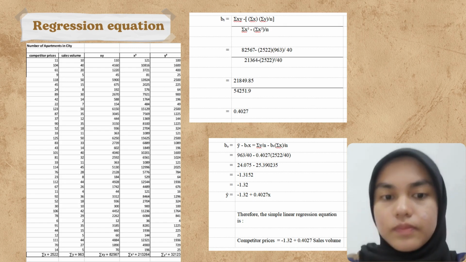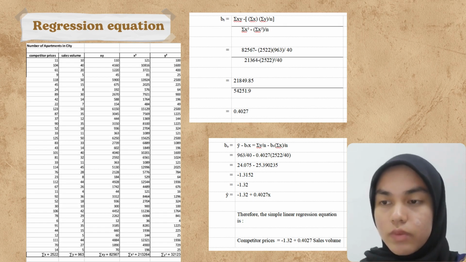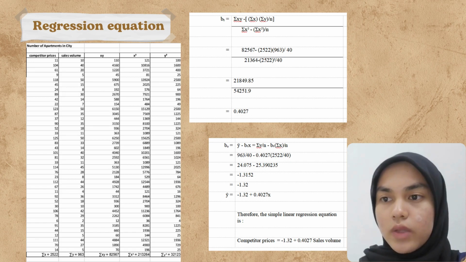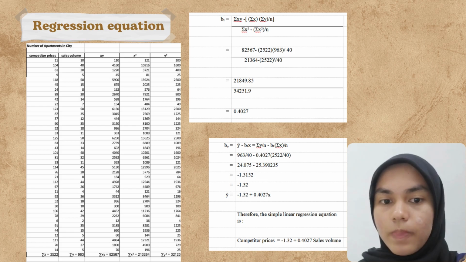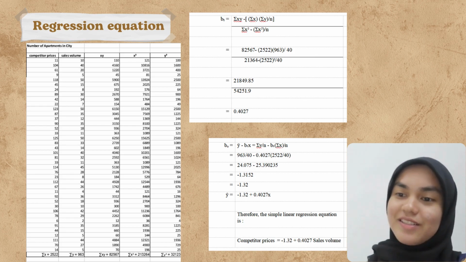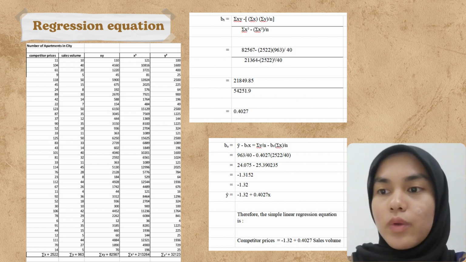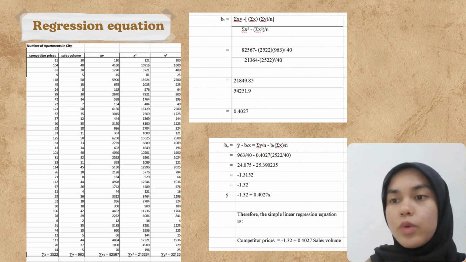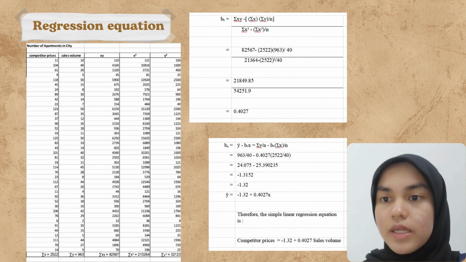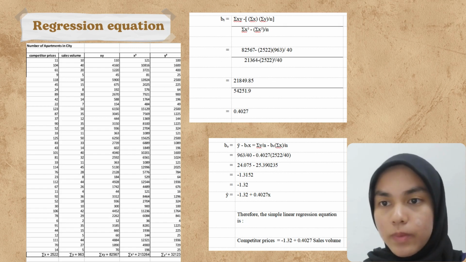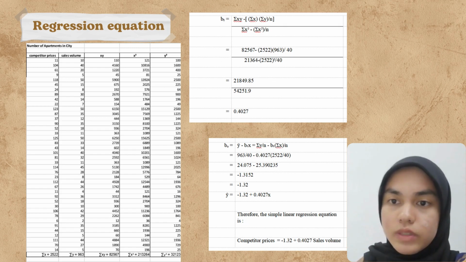So the simple linear regression equation, we got negative 1.32 plus 0.4027x. So we conclude that the simple linear regression equation is competitive prices equals negative 1.32 plus 0.4027 sales volume.